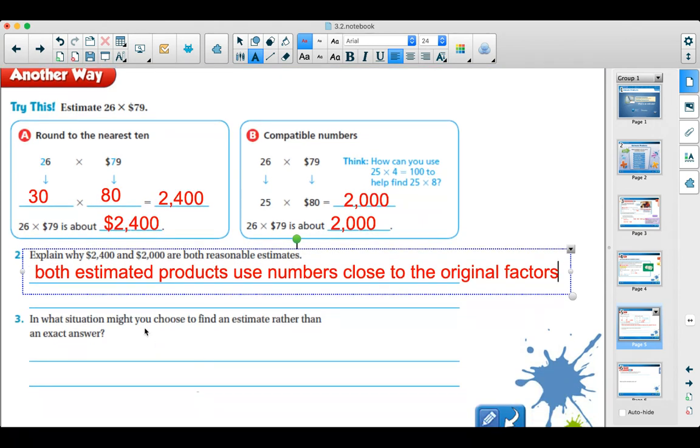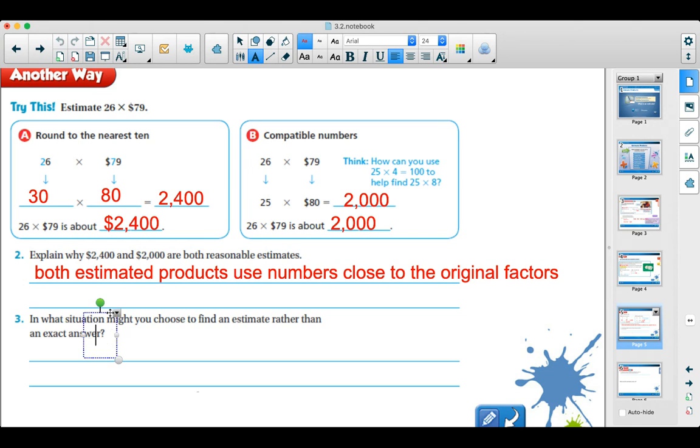In which situation might you choose to find an estimate rather than an exact answer? If I'm shopping and I have $40 and I want to buy 2 items, and one item is $19 and another item is $20, I need to estimate to see if I have enough money. 19 rounds to 20, and 20 rounds to 20, and if I add the two numbers together, I get 40.